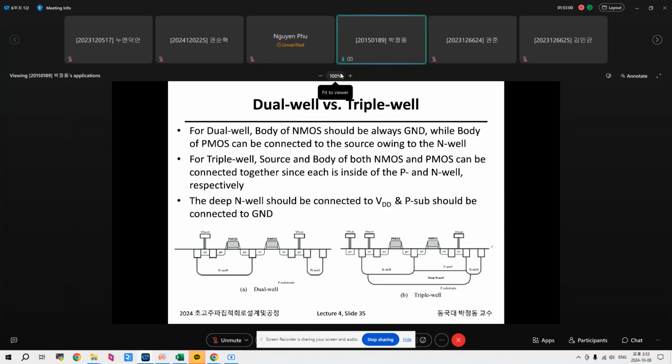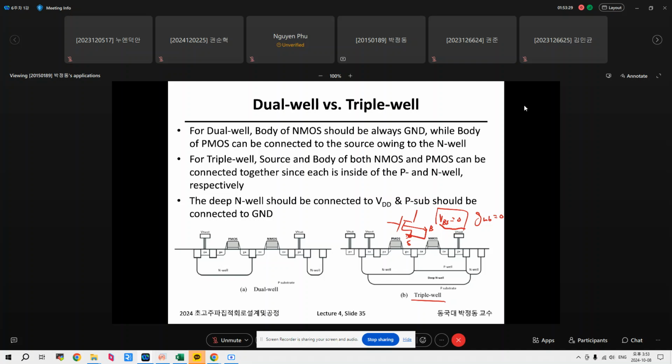So to eliminate the body effect, the easiest way is just to connect the body to the source. Then VBS is physically 0. Therefore, there is no body effect. To connect body to source, we need to use a triple well device like this.